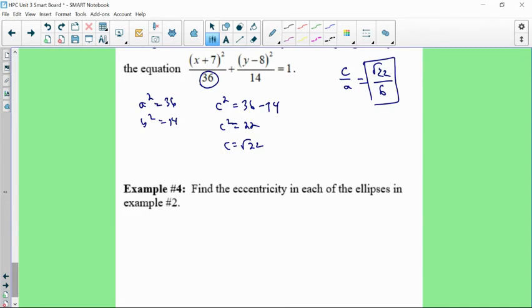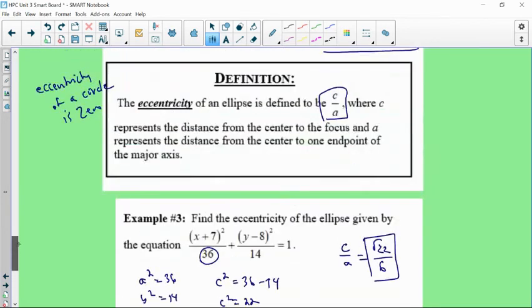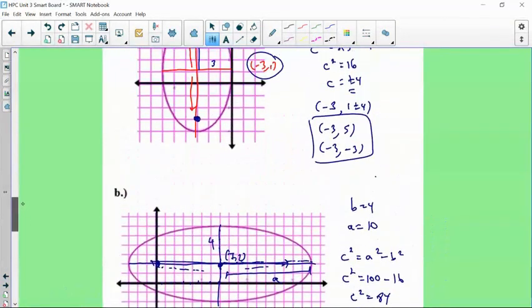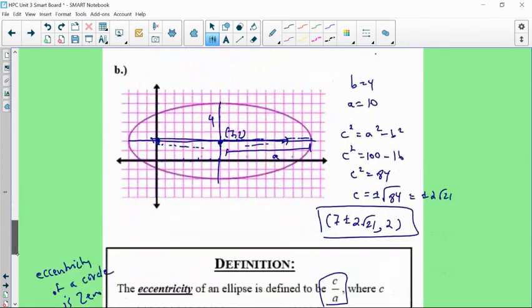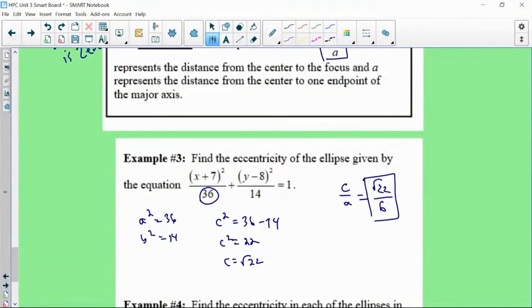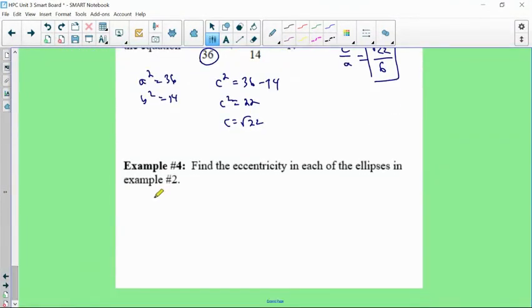conic section. So let's find the eccentricity in each of the ellipses in example 2. Going up here to example 2, we knew that our c value was 4 and our a value was 5. So for that one, our c to a ratio would have been 4 to 5, or 0.8.